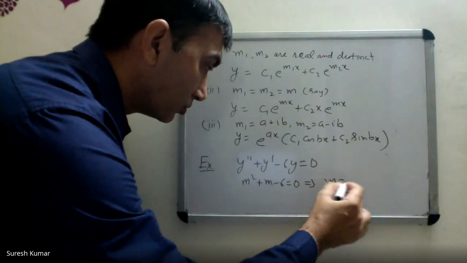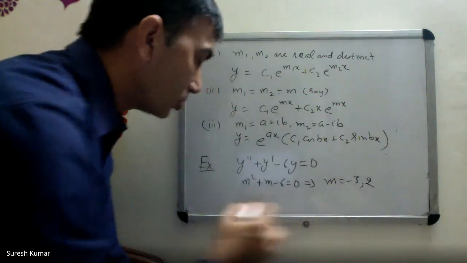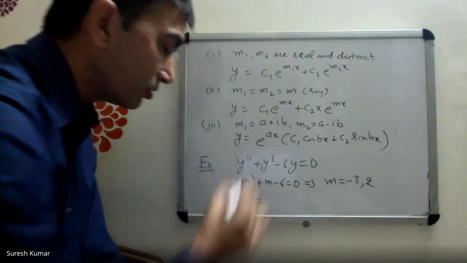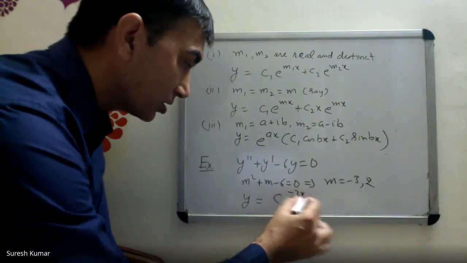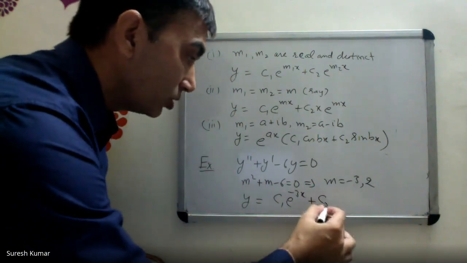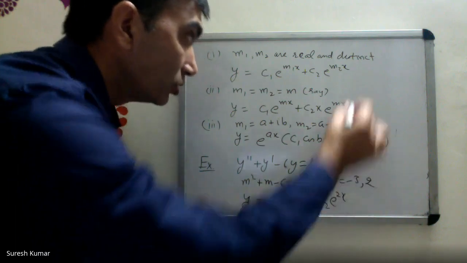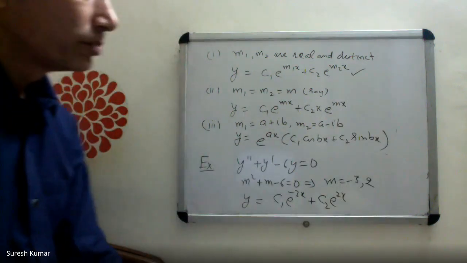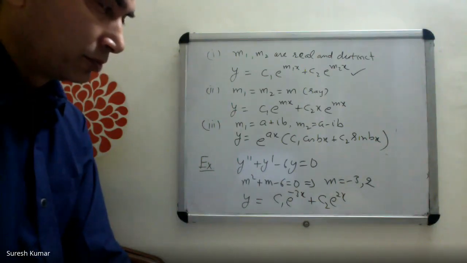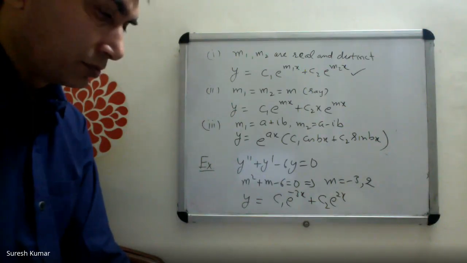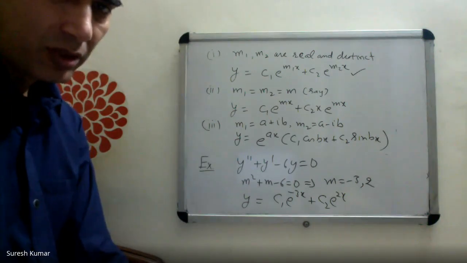Minus 3 and 2. So the general solution of this differential equation is c1 e^(−3x) + c2 e^(2x), using the first case. So this example we covered in the previous lecture.